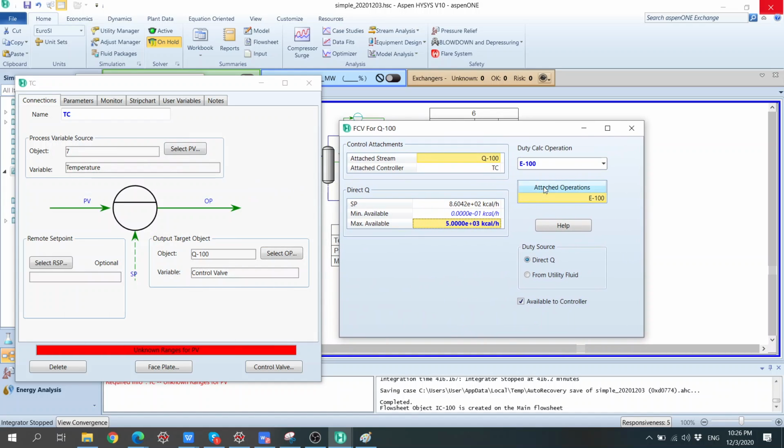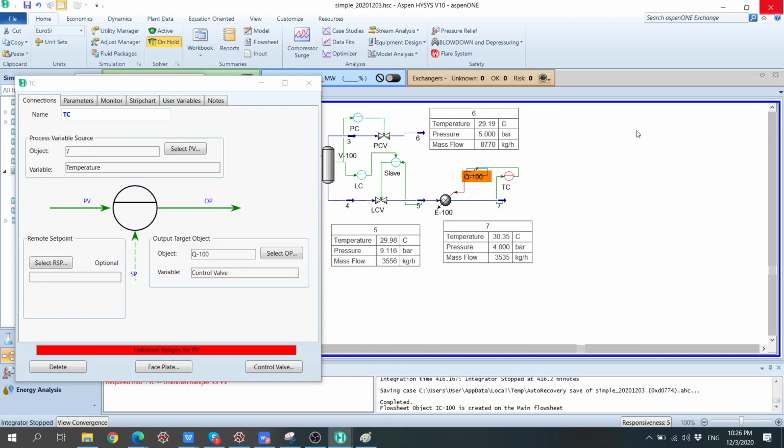Right, and then we specify, sorry, minimum is always 0, and then the maximum is this. We have specified the maximum, and then it's a direct queue, not utility fluid, because we are not modeling any utility fluid at the moment. And then the control valve has been sized, so there is no other comment on that.